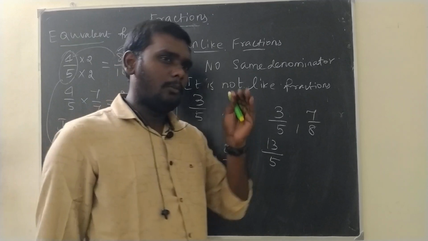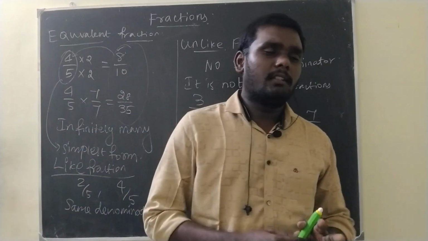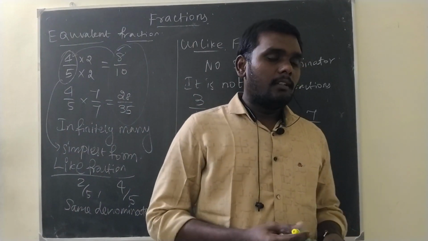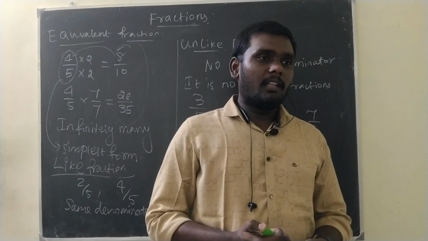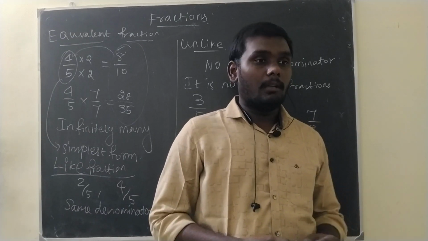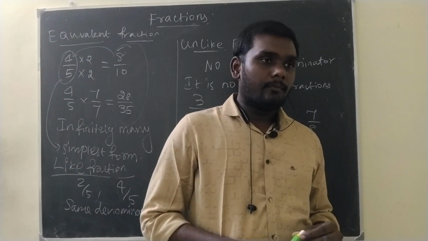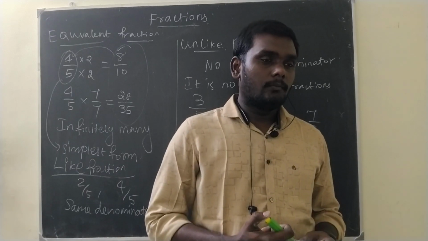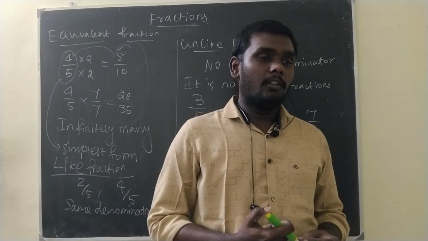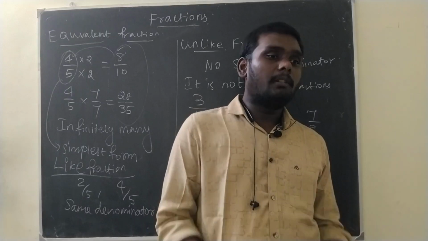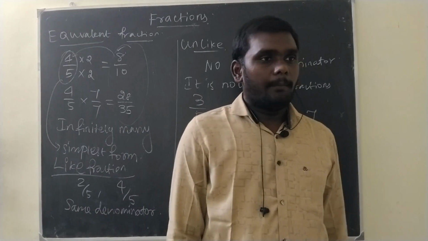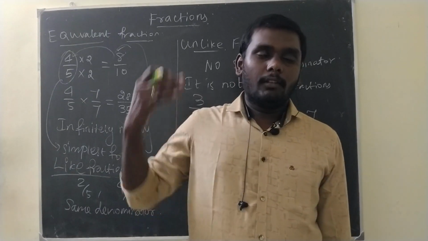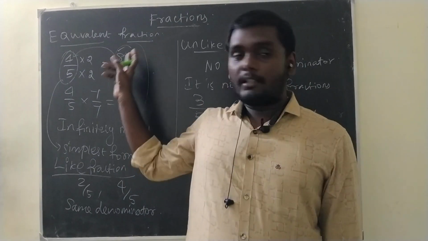After that, one more important type of fraction is the equivalent fraction. The equivalent fraction says we can multiply by a non-zero number. When I say non-zero, it means except 0, any number we can multiply. When we multiply, we get an equivalent fraction.